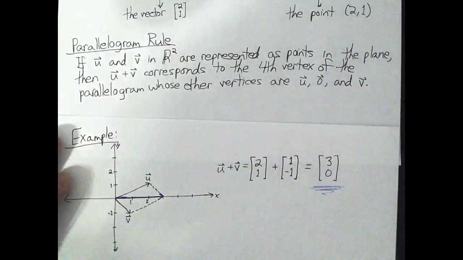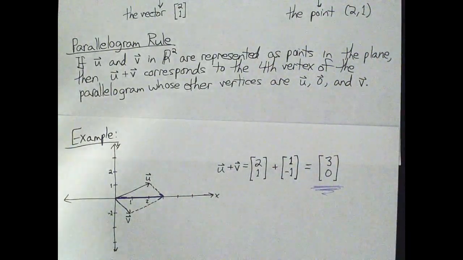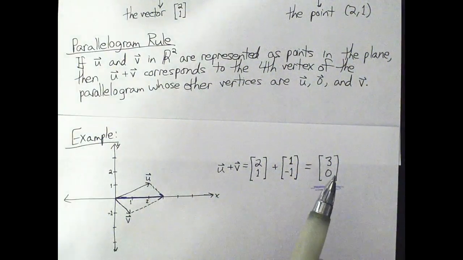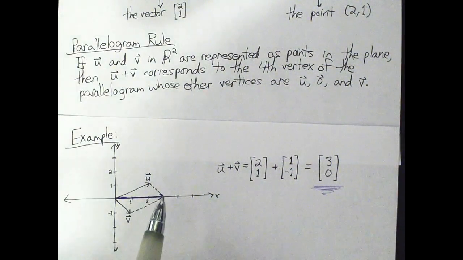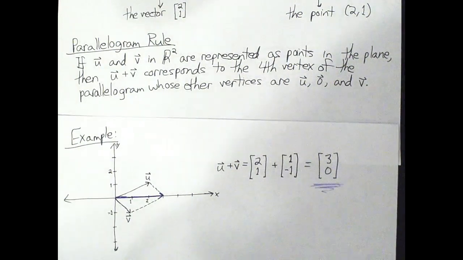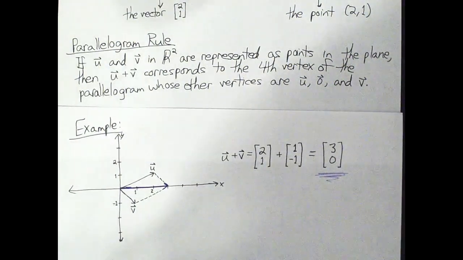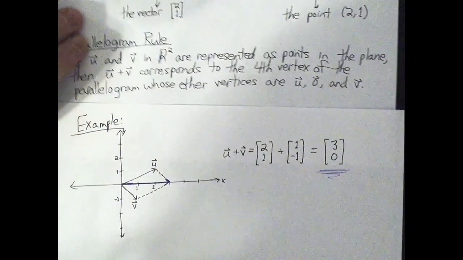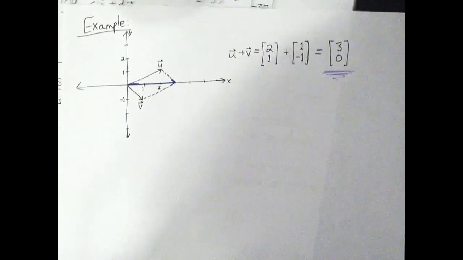And that is what the parallelogram rule is saying. It's not just a coincidence that this took us to 3, 0. It had to take us to 3, 0 to get us a parallelogram. So that's kind of a little connection to geometry even.